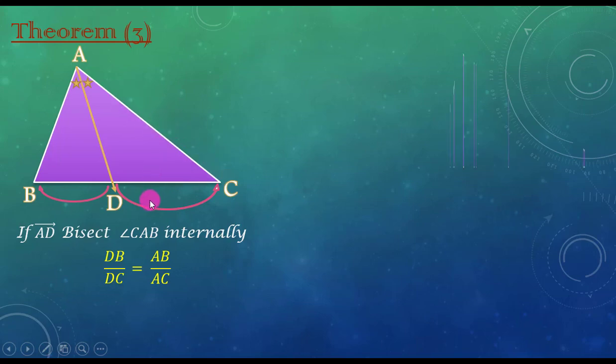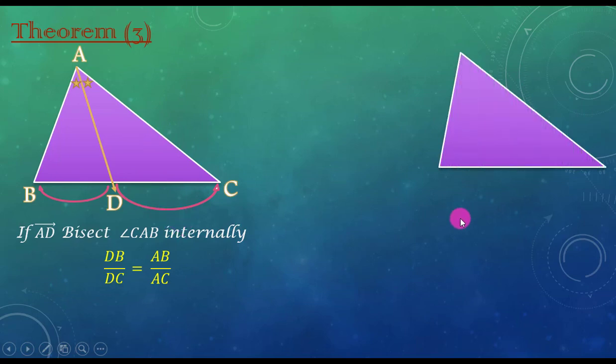Now let's talk about the external bisector. Also, if we have triangle ABC like this and we draw the external bisector of angle A, the external bisector comes outside the angle like this. This is the external bisector, or the bisector of the exterior angle.